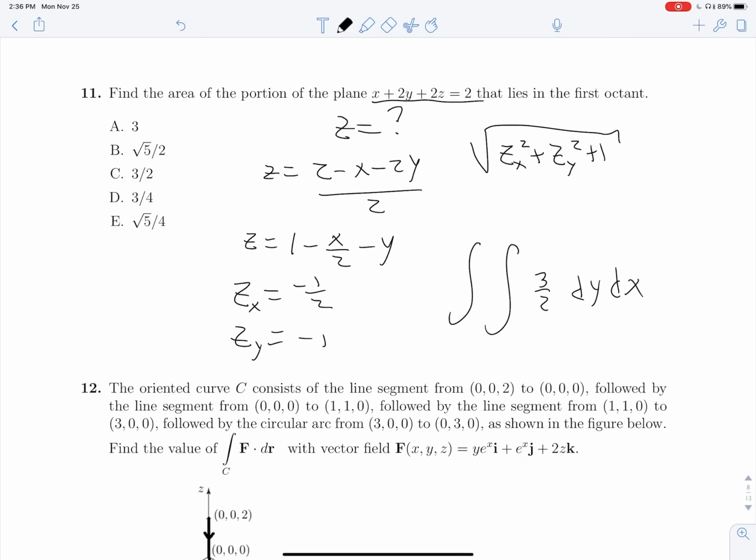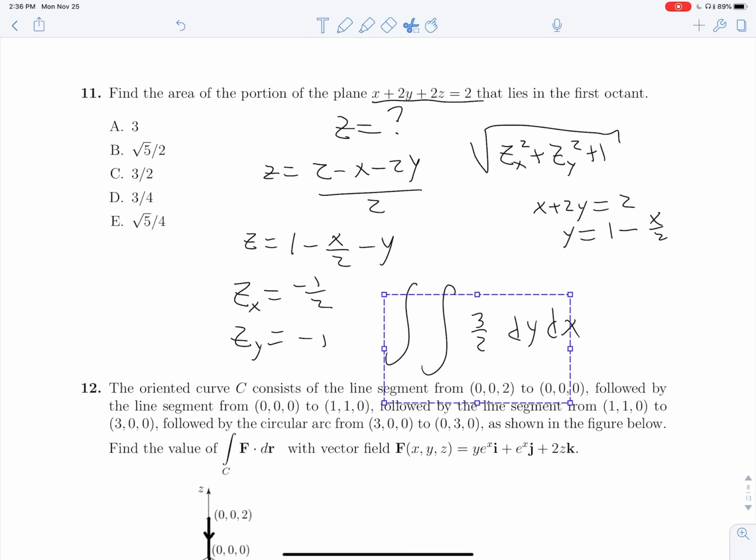And the equation that we're working with is x plus 2y equals 2. So y equals 1 minus x over 2. So we can slap that in here as our upper bound on y, 0 to 1 minus x over 2, whereas our upper bound on x is just going to be this for y equals 0, which is 0 to 2.